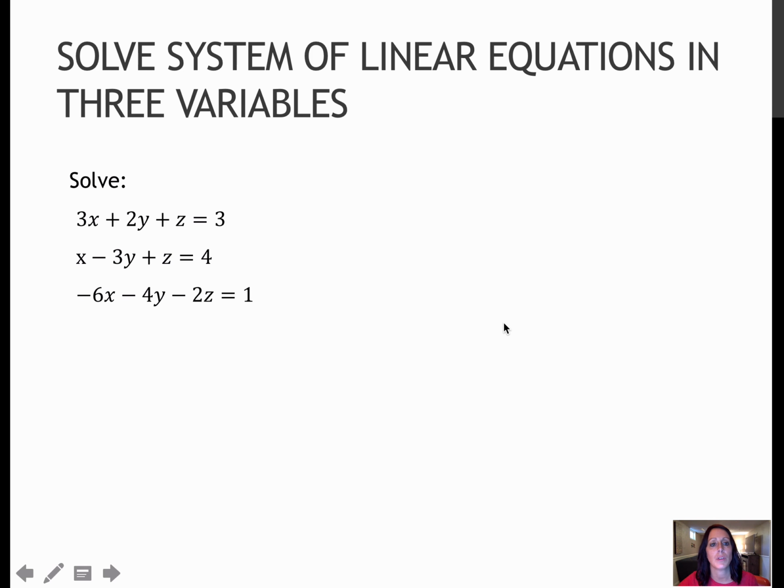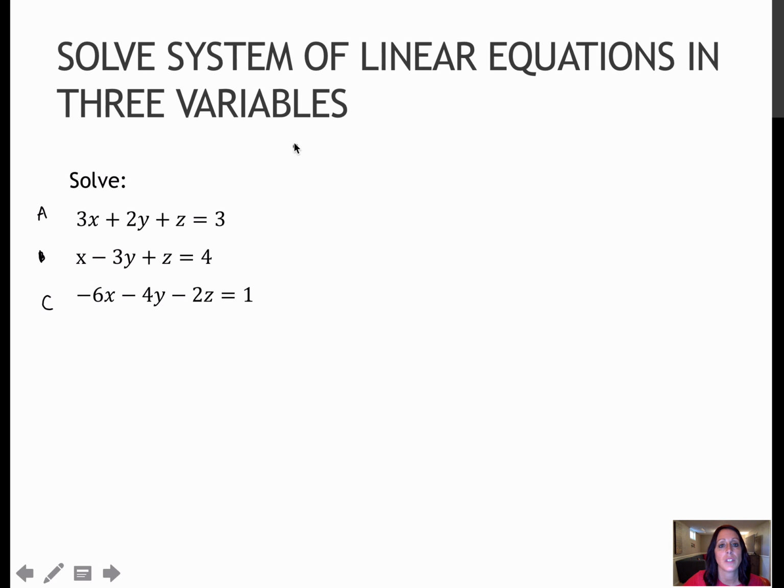In our last example, again, I would probably use elimination here because it's already set up well for elimination. I would call this A, B, and C. I'm going to choose to get rid of the z's.